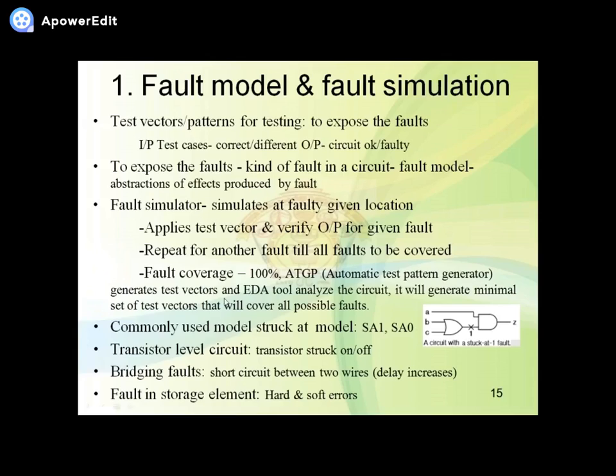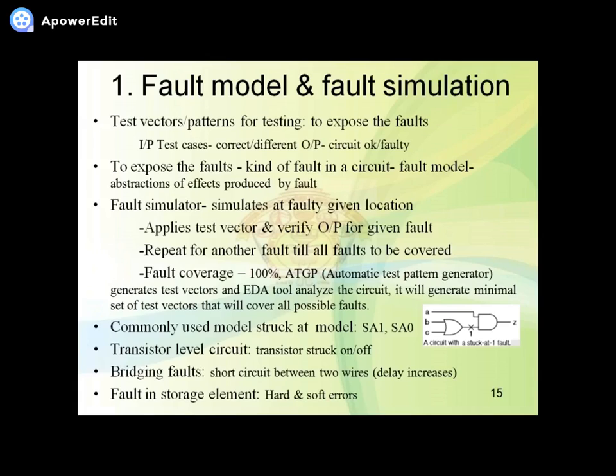Other faults are transistor-level circuit faults. In a transistor-level circuit, the transistor may be stuck on or stuck off. Suppose there is a CMOS inverter: if the p-type transistor is stuck on, you will continuously get a high output, or if the n-type transistor is continuously on, you will continuously get a 0 output.